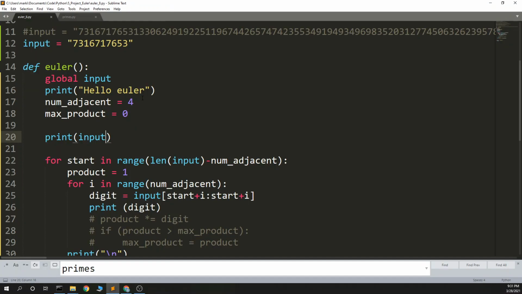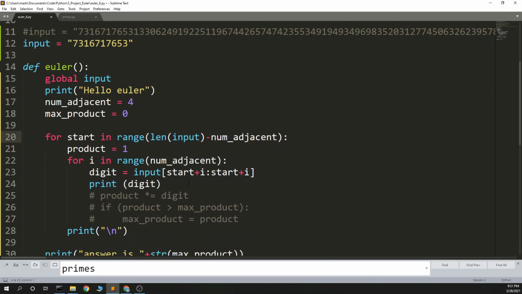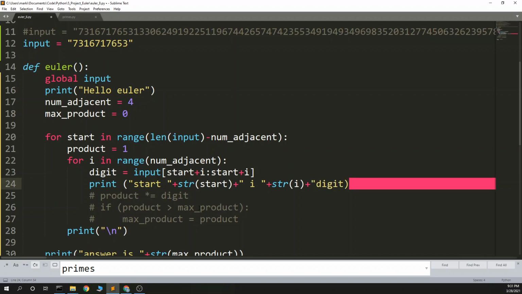All right, so I'm getting the input. But I'm not extracting... start. Now that's another one I'm having a little difficulty with. That's okay. Digit.